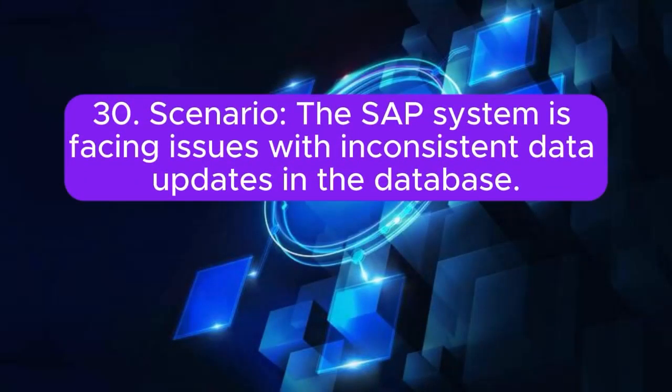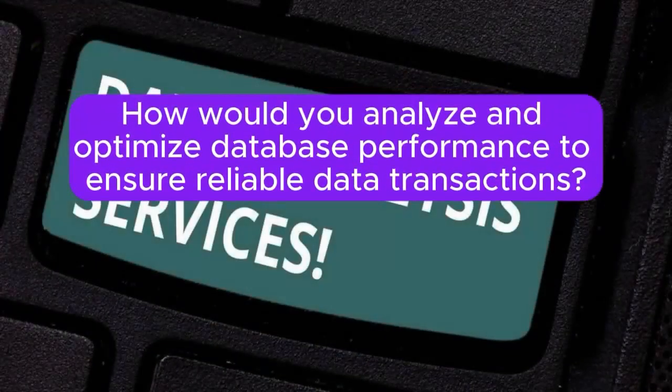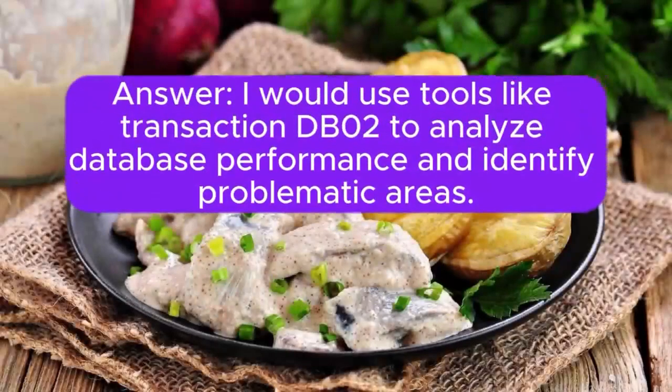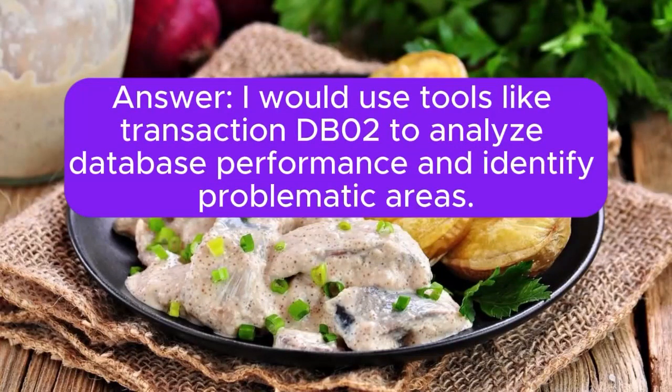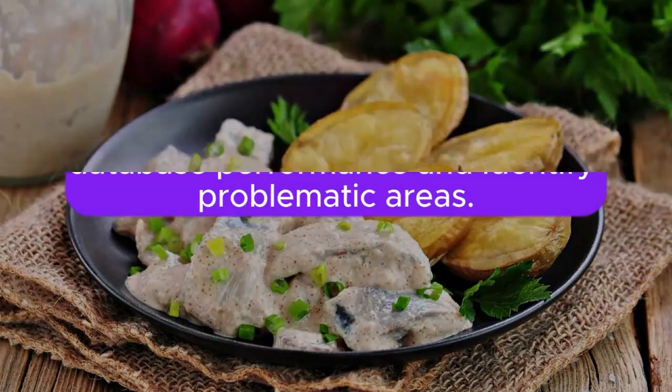30. Scenario: the SAP system is facing issues with inconsistent data updates in the database. How would you analyze and optimize database performance to ensure reliable data transactions? Answer: I would use tools like transaction DB02 to analyze database performance and identify problematic areas.